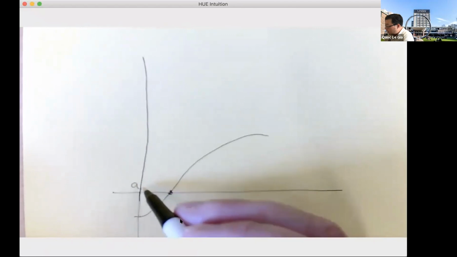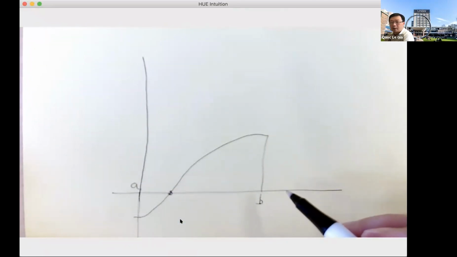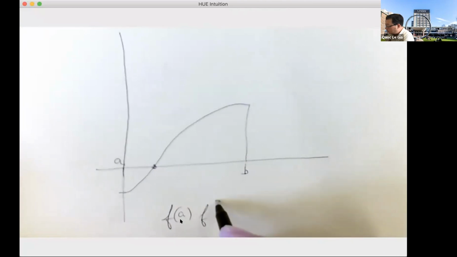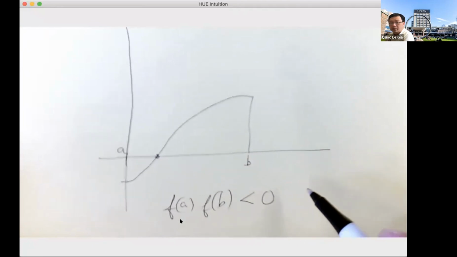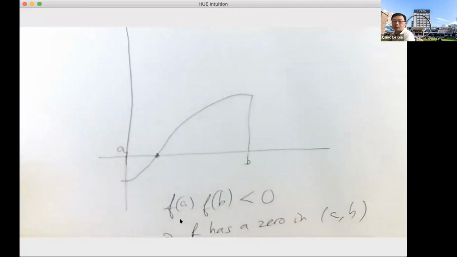So this one is A and this one is B. Then first I just check f of A and f of B. If f(A) times f(B) is less than 0, then I know that f has a 0 in the interval AB.